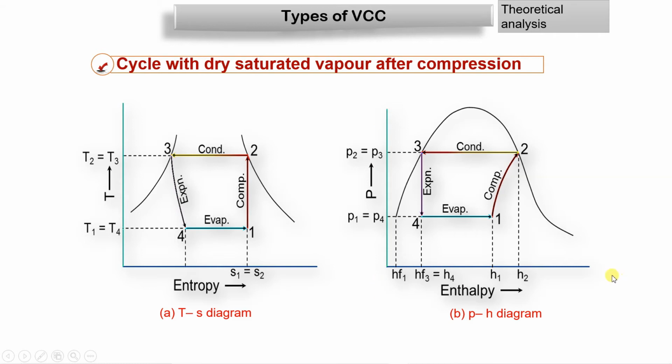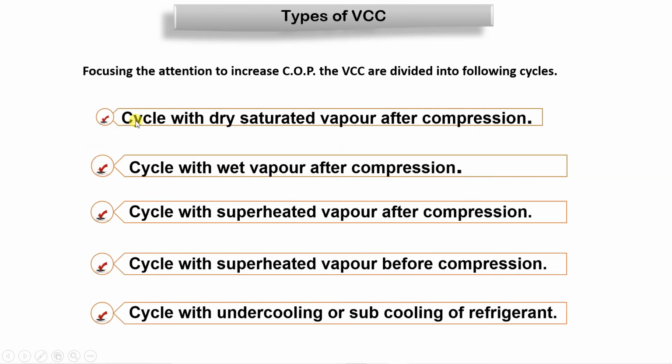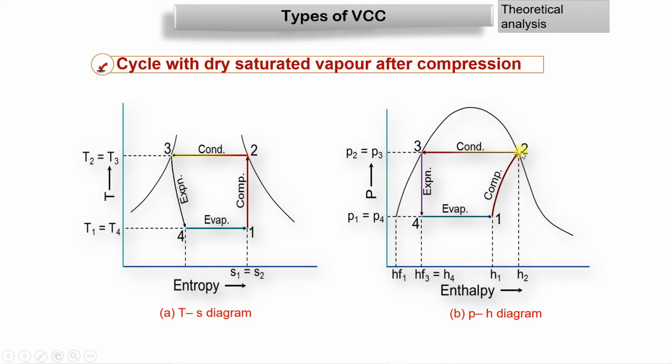Here just observe the pH diagram. This second diagram is the pH diagram. What is written? Cycle with dry saturated vapor after compression. After compression means which point? Point number 2. Here you can see that point number 2 is on the saturated vapor curve. So obviously point number 1 will be in the wet region. Now we'll again discuss the points. Point number 1 is the outlet of evaporator or inlet of compressor.